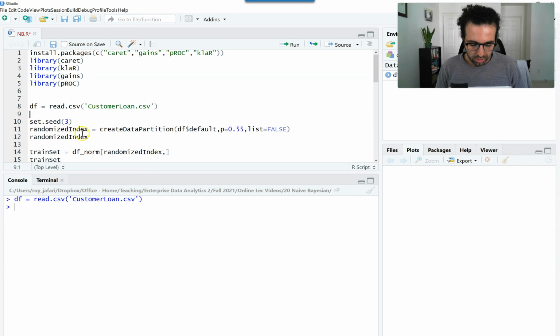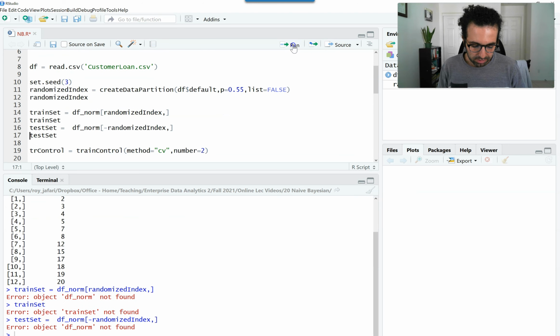Now we can create the train set and the test set by using createDataPartition, which gives us indices. The reason we are using set.seed is because we want the randomization to be controlled. If you use the same seed, you get the same randomization. So we do that, and we've got our train set and test set.